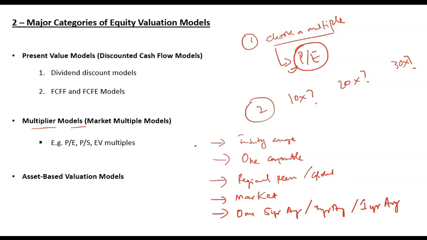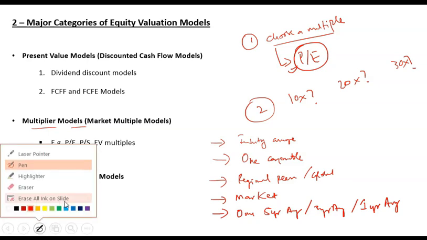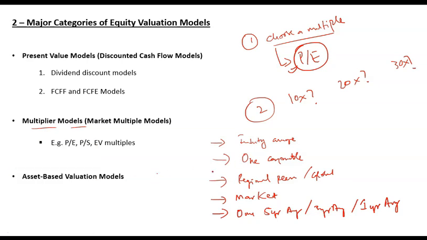One of the methods which I feel is the best, or which I have always found relevant, is, and again that is my personal opinion, that using any of these multiples alone is not the right approach. If you are using the industry average, maybe this company is better than the industry and so it should trade at a premium.